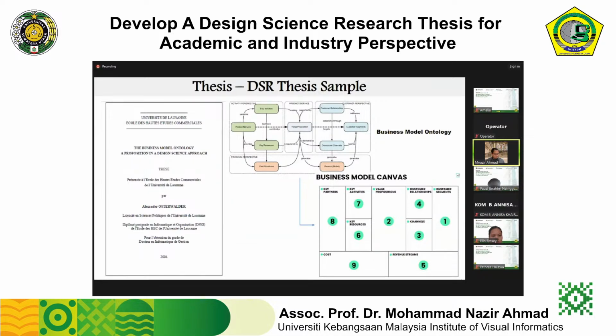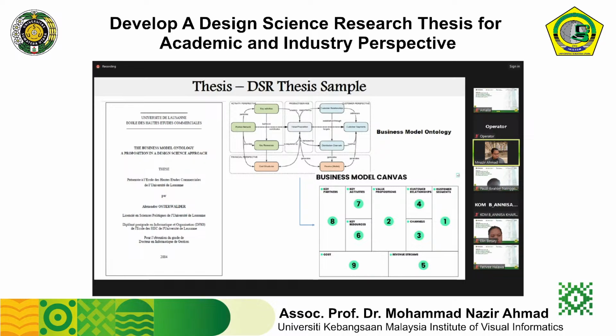Okay, I give you one example. There is a thesis by Alexander Osterwalder from Sweden. I think you are very familiar. Those who are working in the business faculty are so familiar with the business model canvas, BMC, right?